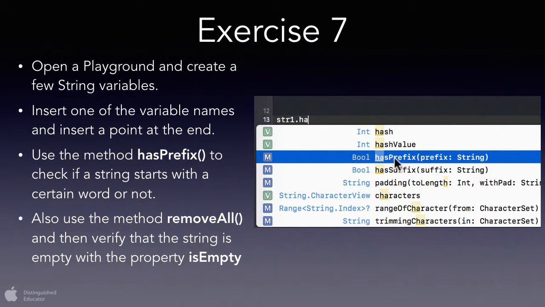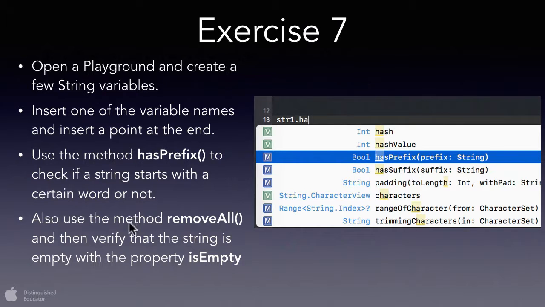This will look through the string and check if it actually starts with this string. Of course, you have another method that does basically the same, but it checks if it ends with a string instead. So that is has prefix, has suffix. Two simple examples that will give you a boolean as a result.